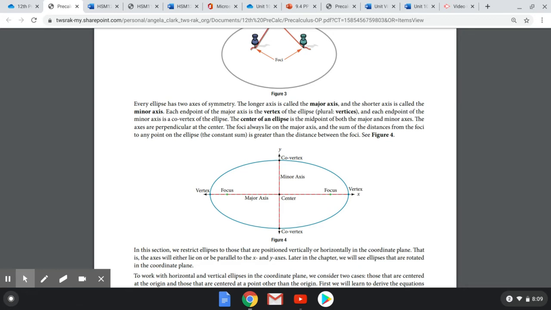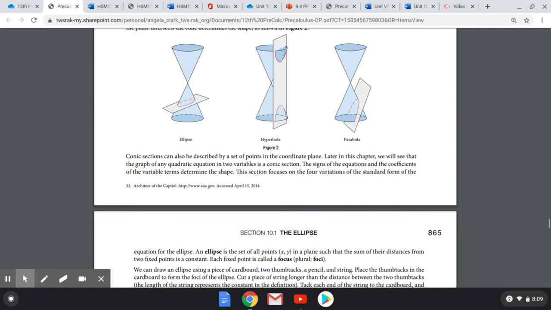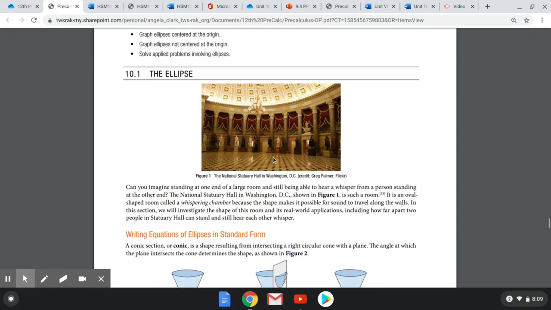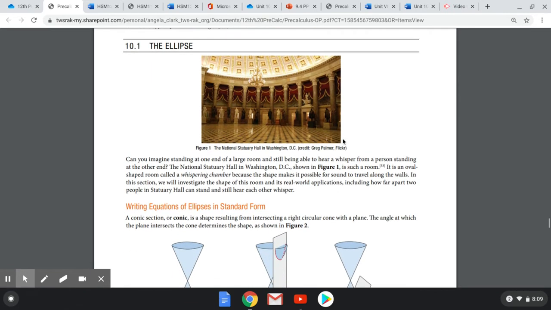But it doesn't just work with balls, it works with sound waves as well. So if I have a room that is shaped like an ellipse, so that's what they're showing here. If I have a room that is shaped like an ellipse and I stand at a particular spot, in other words, if I stand at the focus so that my voice is going through the focus and then bouncing off the ellipse and then going through the other focus and then bouncing.